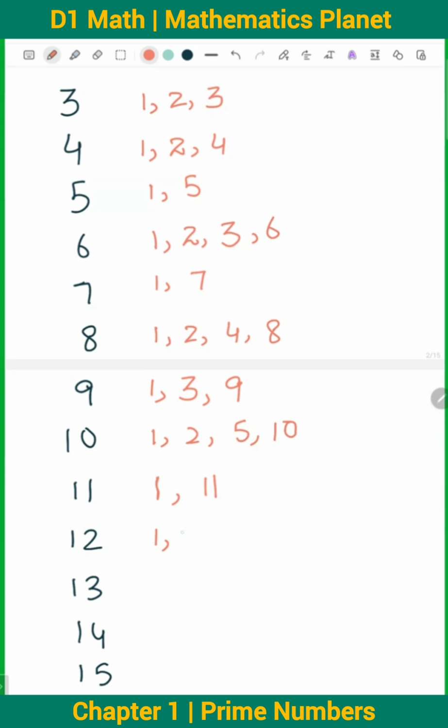First 1, 2, then 2 times 6 is 12. 3 times 4 is 12. Okay, 4 times 3 is 12. Okay, next, 6. 2 times 6 is 12. So 6 is also a factor. Is 7 divisible into 12? No. 8, 9, 10, 11, and now it comes to 12.